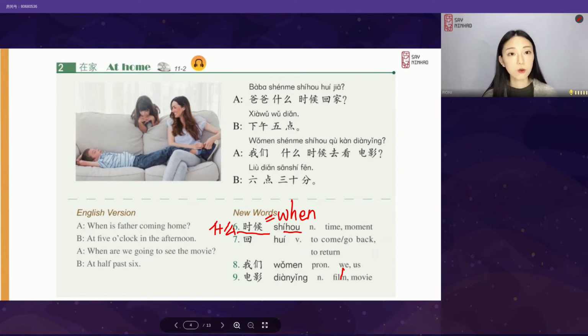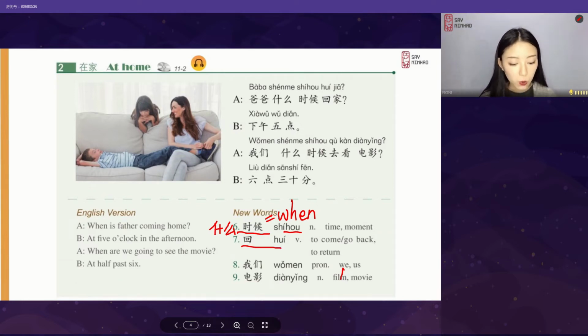Next, try to say when to study. It is 什么时候学习, okay? When to work. It is 什么时候工作. Okay, very good.